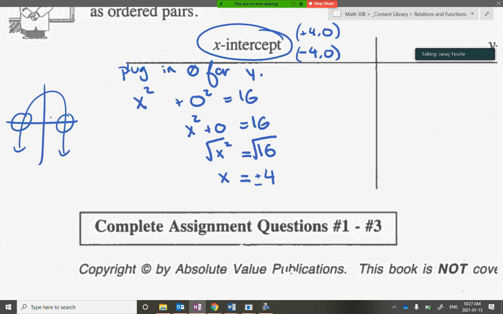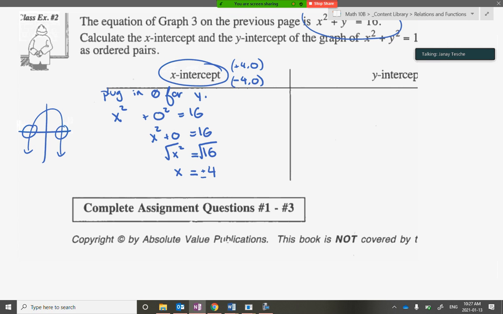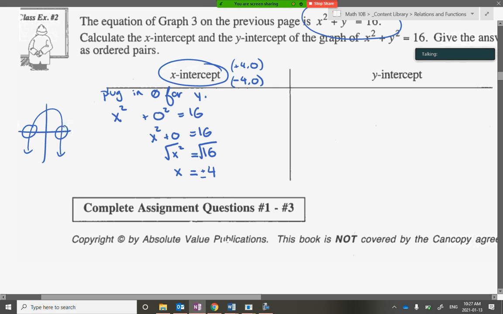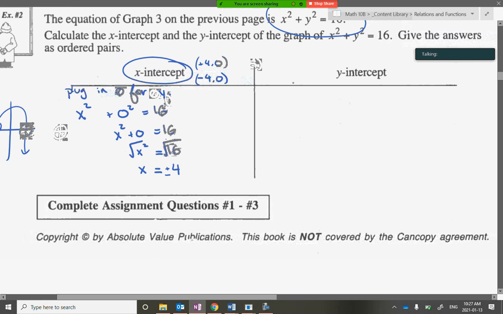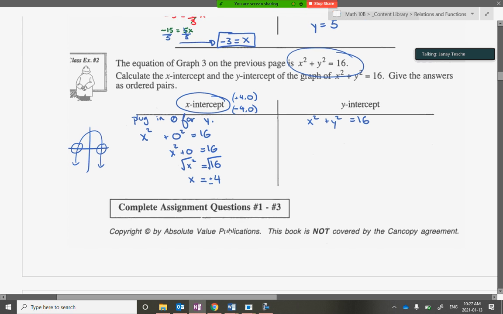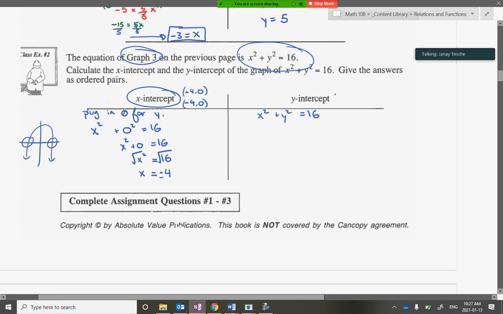Go ahead, Andy. Okay, so for our y-intercept, we had x squared plus y squared equals 16. Oh, my apologies, this is graph 3. We started with graph 2. So our y-intercept, we plug in 0 for x.